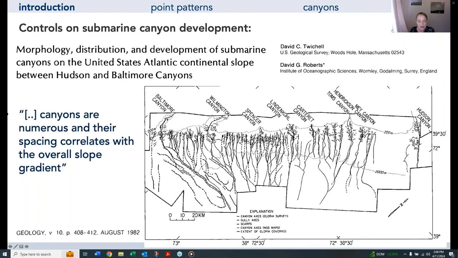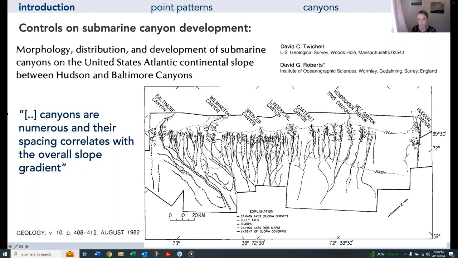But when looking at this, I was like, yeah, looks like it's true, but it's a qualitative sort of eyeballing technique, and then it isn't really true, right? Here, for example, the slope is less steep, but there are still many canyons.